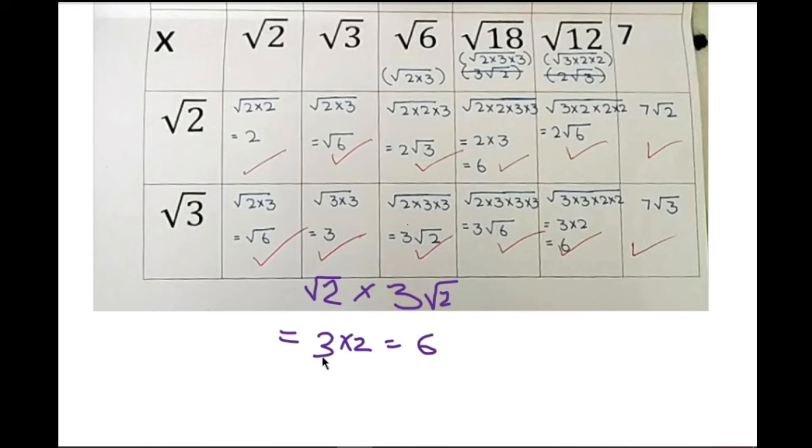So this is 3 and x square. The square of root 2 is 2, because this is the square root of 2, so its square is going to be 2. So it's 3 into 2, 6. In fact here you can multiply root 2 into 2 root 3, so that will become 2 into root 6.